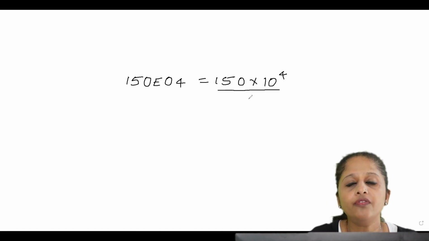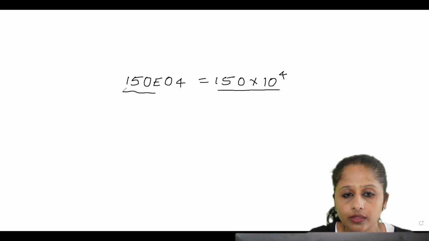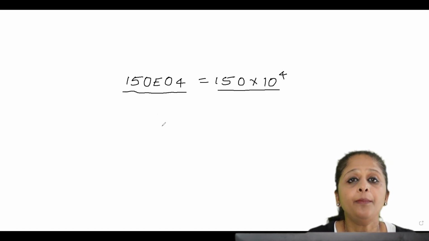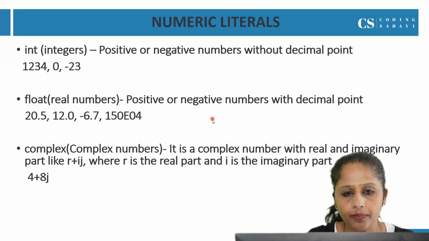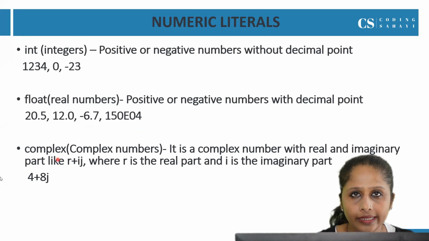So if you want to write this in Python, we can use this way. Any exponent numbers can be written like that. Any positive or negative exponents can be written like this. So this is an example. So this is a float literal.